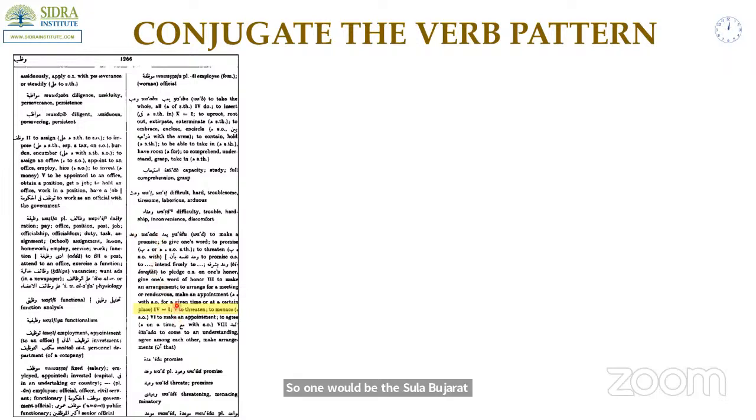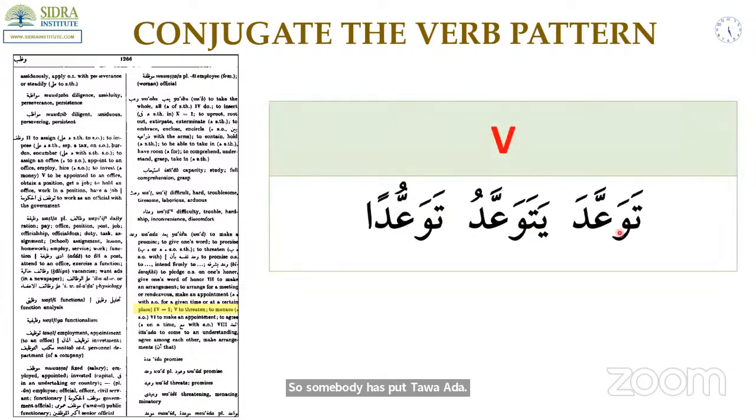But we're looking at number 5. So somebody has put wa'ada tawa'ada. It can't be both. It has to be one. You're close, but you've put waw, ain, and dal, and then tawa'ada as well. So it has to be one of them. Somebody has put tawa'ada. That's right. Tawa'ada yatawa'adu tawa'udan, and it means to threaten.